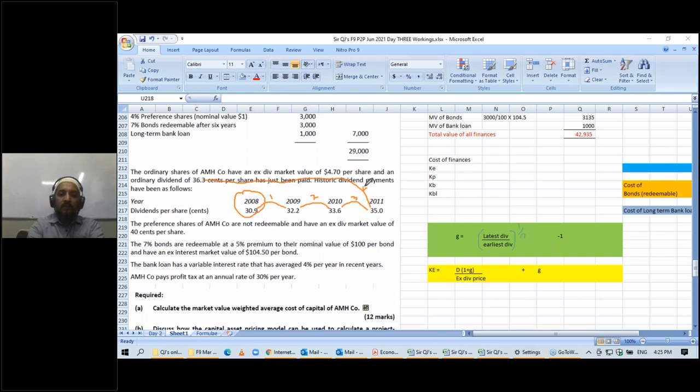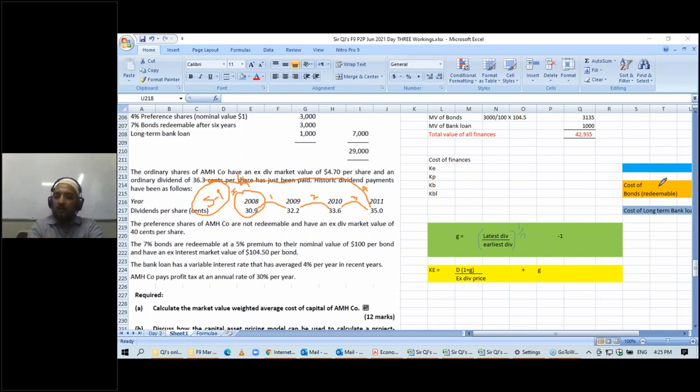So the total number of dividends is 5. But n will be equal to 5 minus 1, equals 4, because we need growth. The dividends have grown from 30.9 to 36.3, not in 5 years. There are 5 dividends, but the increase has taken place in 4 years. So we'll be taking 4.